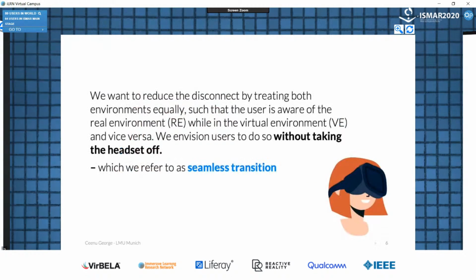To summarize, we want to reduce the disconnect by treating both environments equally, the physical and the virtual reality, such that the user is aware of the real environment while in the virtual environment, and vice versa. We envision users to do so without taking the headset off, which we refer to as seamless transition.